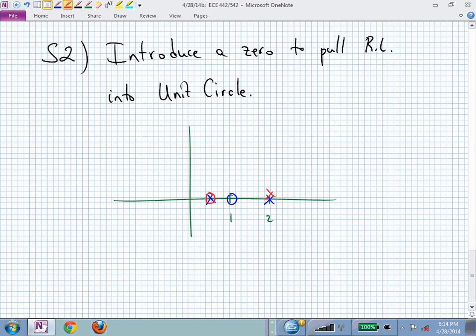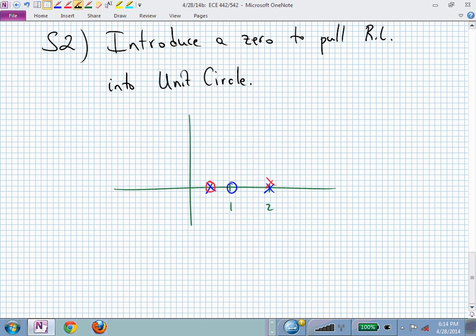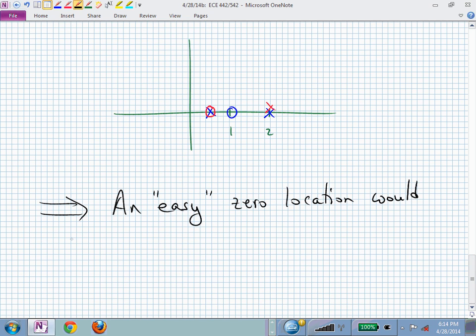Now what's my pole 0 excess? So what I've done is actually the following. An easy 0 location would be at z=1/2.